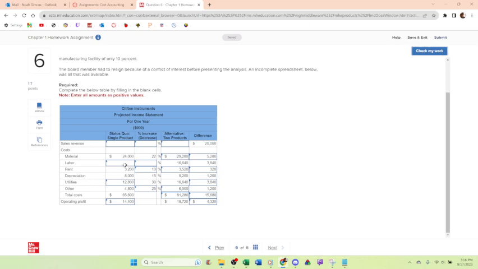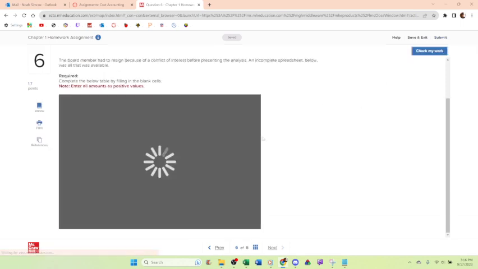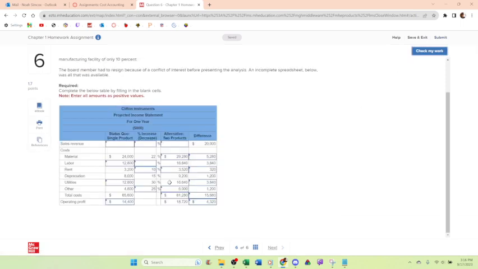The labor costs should be 12,800. Why is my brightness decreased? Now we can calculate the percentage. We're not even going to check anything else.